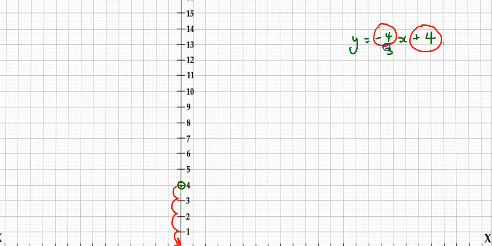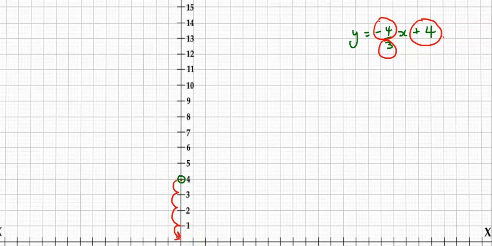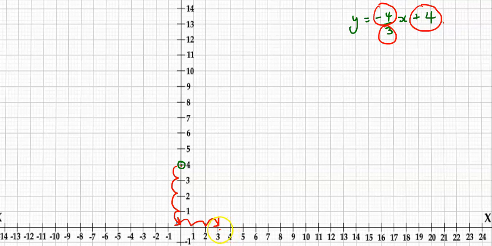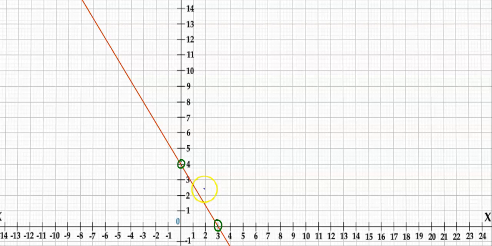And then the denominator is 3, so we move 3 units across. 1, 2, 3. Our final point will be here. And once we have these 2 points, we can simply draw a straight line through them. So this will be the graph of y is equal to minus 4 over 3x plus 4.